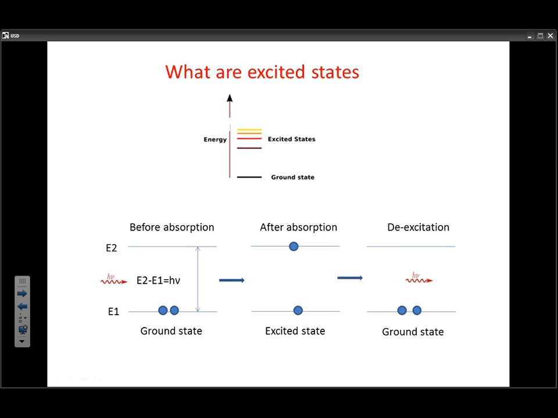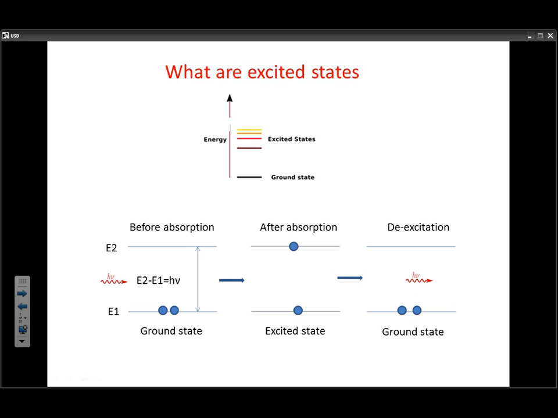The absorption spectra are related to excited state properties. Here we will study what excited states are. An excited state is a state of any quantum system which has a higher energy than the ground state.